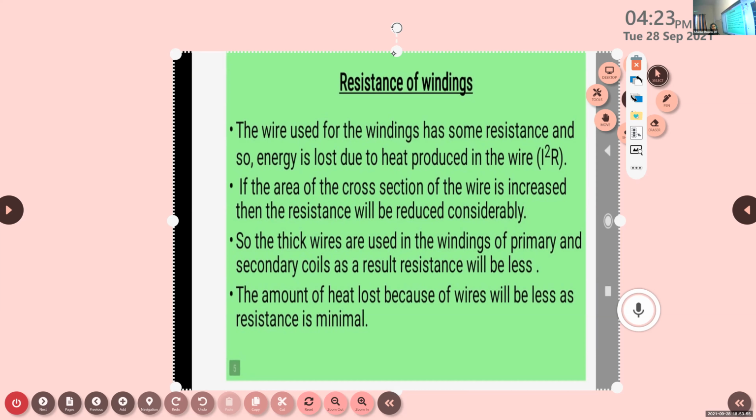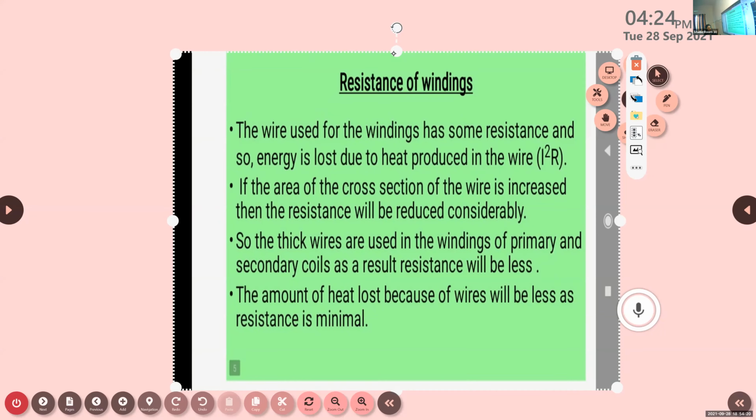So here also the energy is lost in the form of heat. The wire used for the winding has some kind of resistance. Whenever we use these wires for windings, it possesses some resistance, so energy is lost in the form of heat.